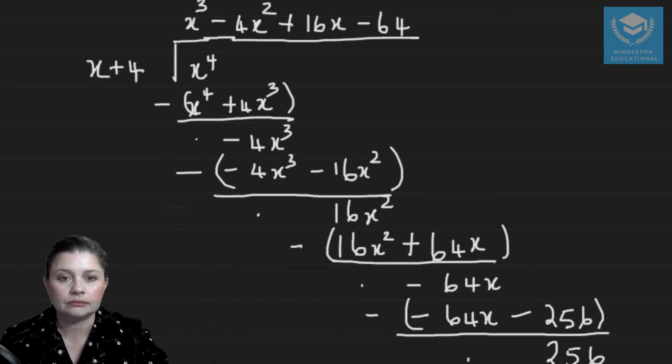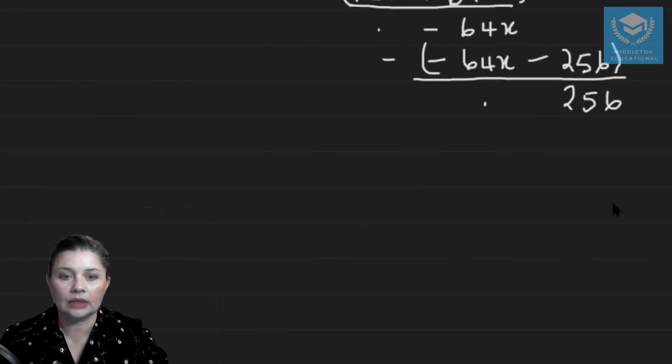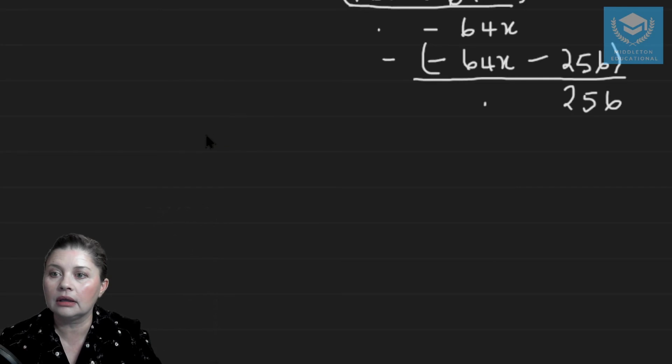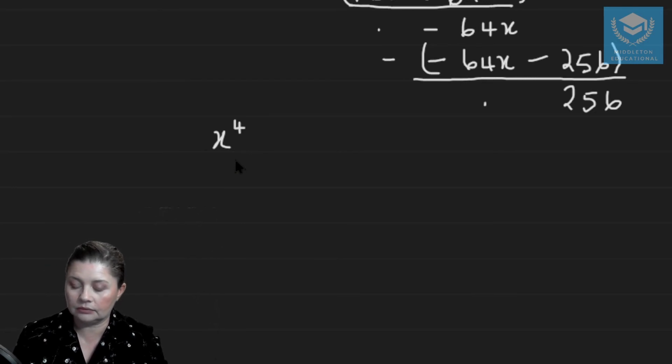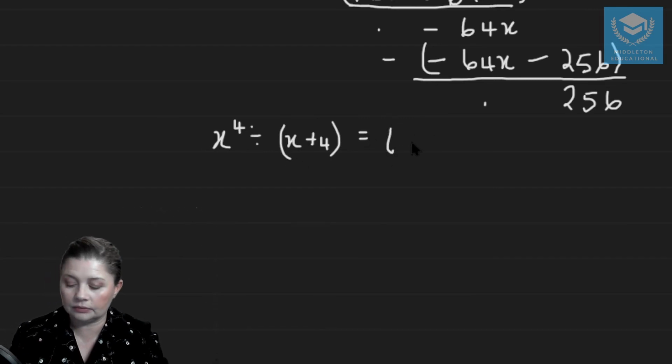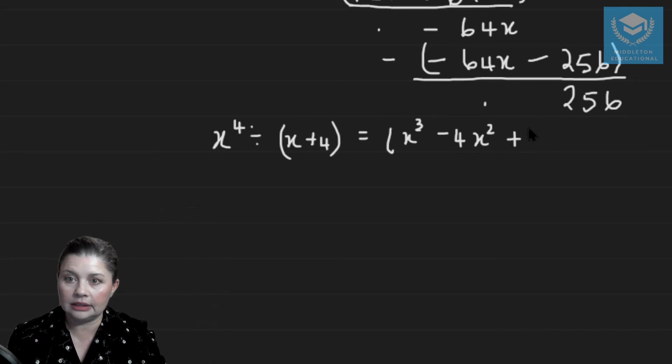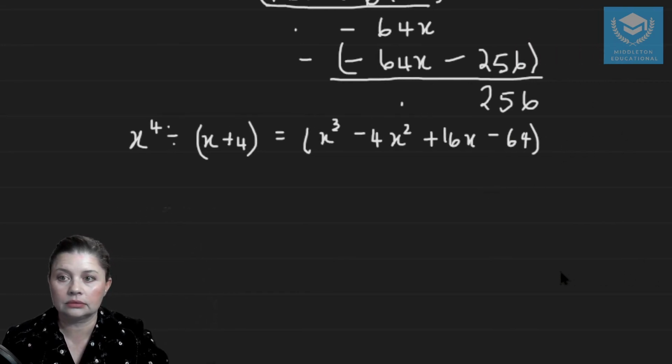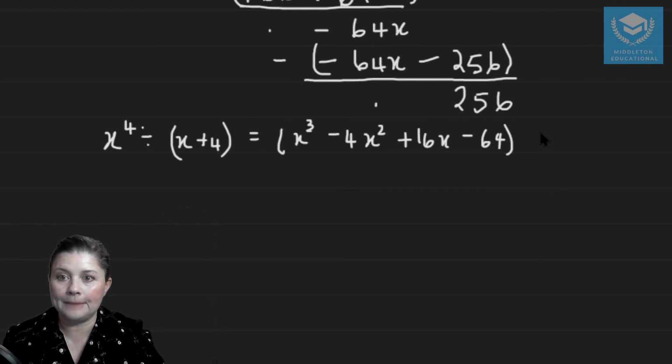That means that x to the 4 divided by x plus 4 is equal to x cubed minus 4x squared plus 16x minus 64 plus a remainder of 256 over x plus 4.